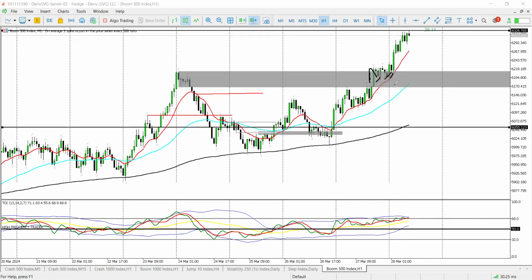Yes, there is a pattern, but you have no confirmation here. Price hasn't broken a structure. An order block hasn't been broken. So why would you be selling, and why would you be comfortable holding such a loss when your stop loss was just supposed to be here? So I don't know. I guess we have different ways of viewing price, but just make sure you trade with the trend. That's all I will say.